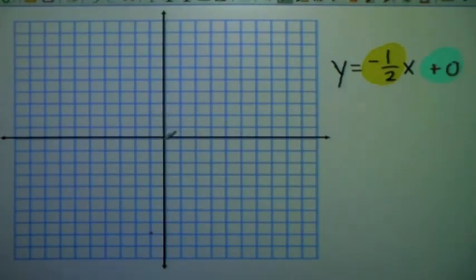So our y-intercept is actually at 0, right there at the origin. And again then, as you're doing your slope, it's a negative 1/2, so I'm going to go down 1, over 2, down 1, over 2, and there's my line.